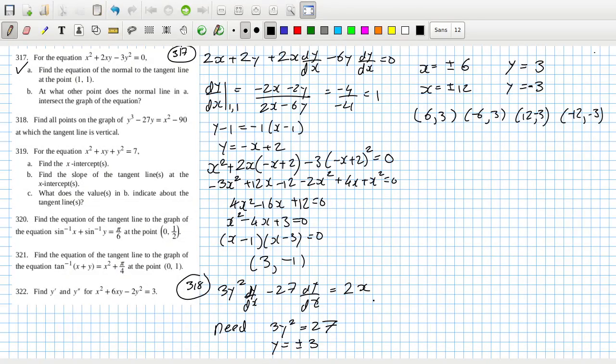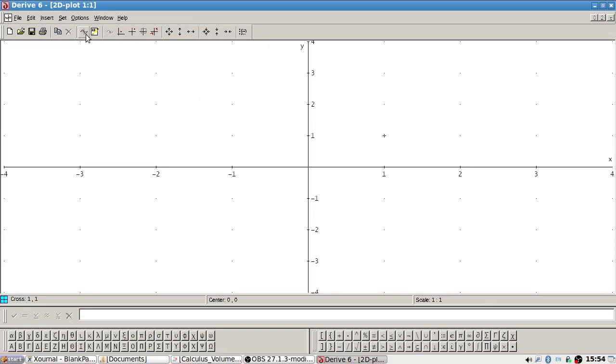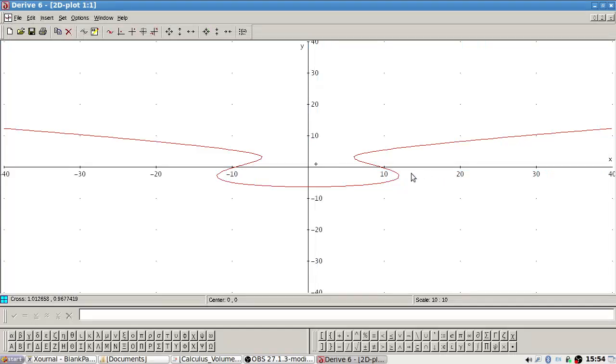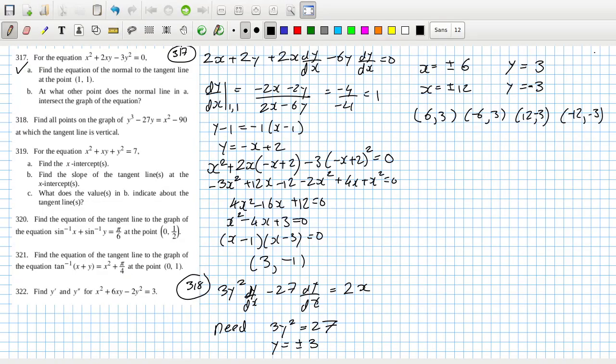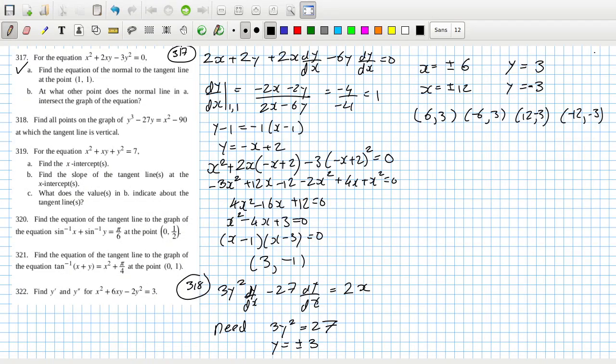Y cubed minus 27y equals x squared minus 90. Guess that could be (6, 3), yeah. Minus 6, 3 could be there. 12, minus 3, and then this must be minus 12, minus 3. Yeah, it looks like it checks out. Okay.